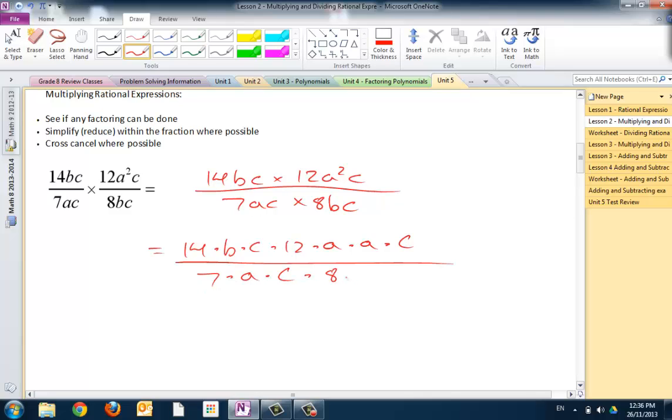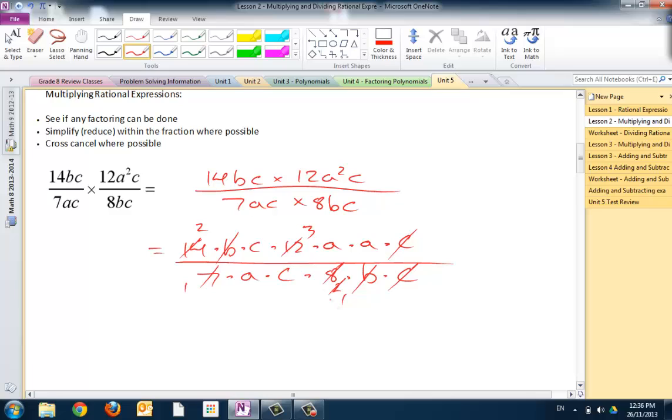Not a necessary step if you can see where you are going to be able to cancel. But I do find that it helps avoid unnecessary errors if you do it this way. So if you can get a better mark, you might as well do it. And we can keep on canceling. We have an 8 going into there, 4 and 3.